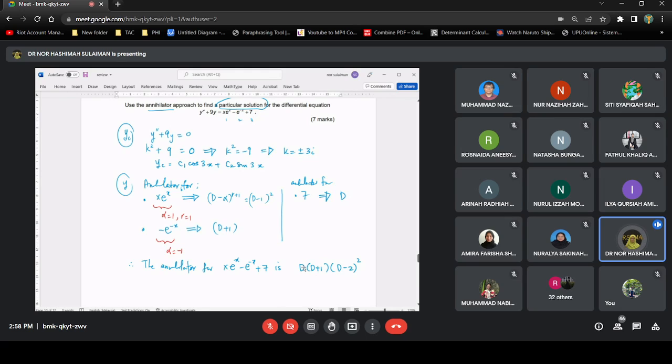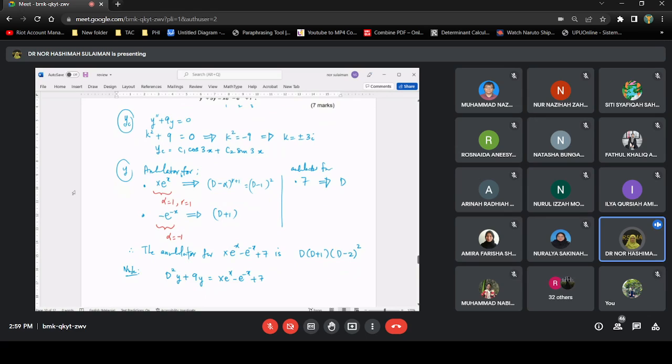Okay, so this one is actually the annihilator for the expression on the right hand side. Okay, so we know that the equation can be written in the form of differential operator D squared plus 9 Y sama dengan X e to the power of X tolak e to the power of negative X. Saya buat step by step lah. Saya tuliskan dalam bentuk differential operator form.